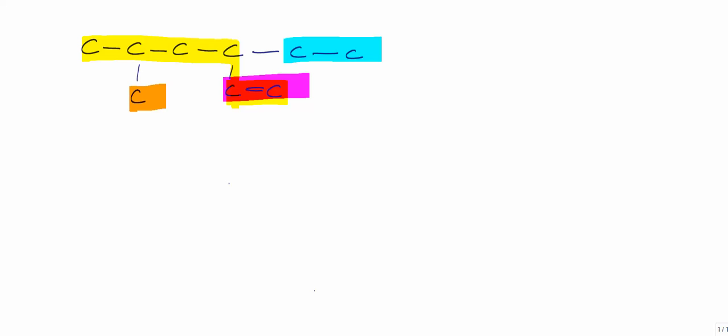We have our longest carbon chain, which is 1, 2, 3, 4, 5, 6 carbons in length, so it's going to be a hex. But it's also going to be an alkene because it contains that carbon-carbon double bond. It's an unsaturated compound, so it's going to be an ene there. So that's taken care of the functional group and the main stem.